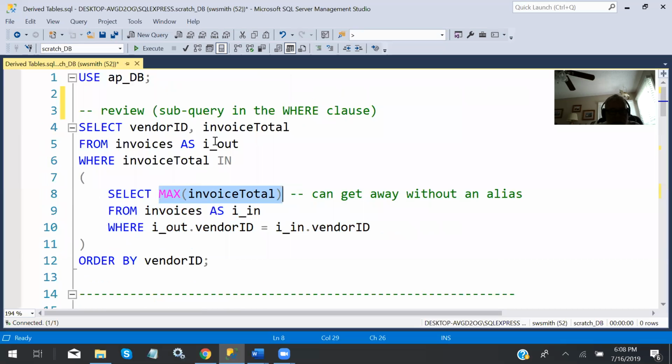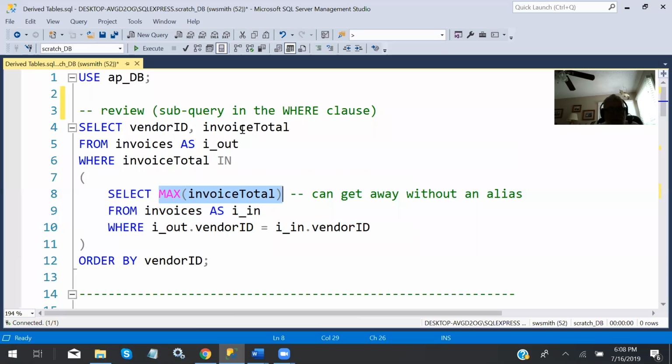Again, we're seeing duplicates because if I have 2 invoice totals for this vendor where the invoice totals are the same, so if this vendor has 10 invoices and they all total $10, I'm going to get them repeated because they all satisfy this.